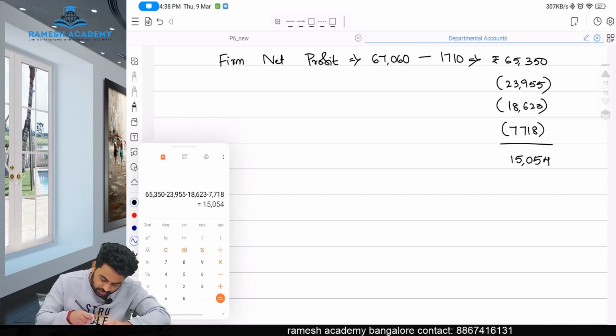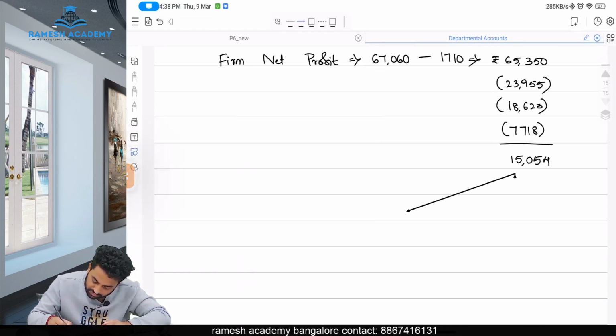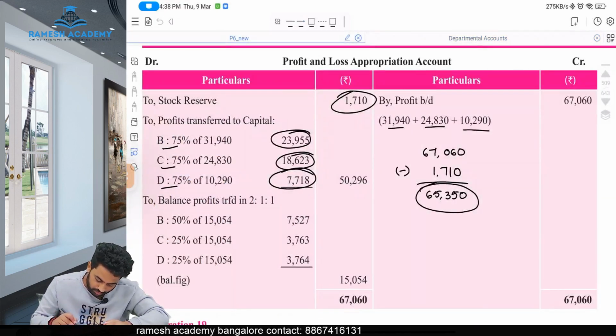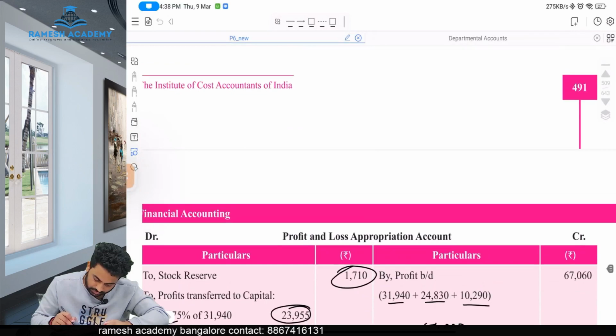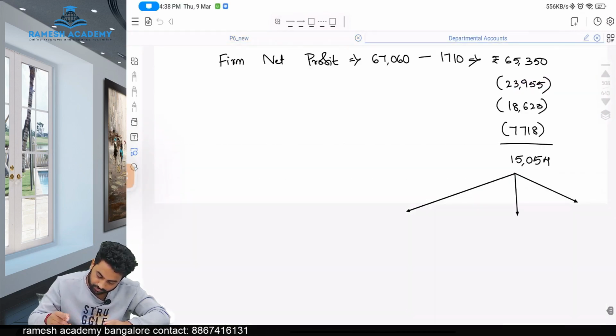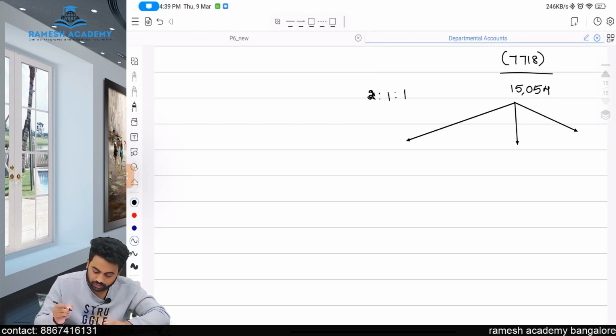So the balance which is remaining is 15,054. This 15,054 should be divided among the partners in the ratio which they have given, and the ratio which they have given is 2:1:1.